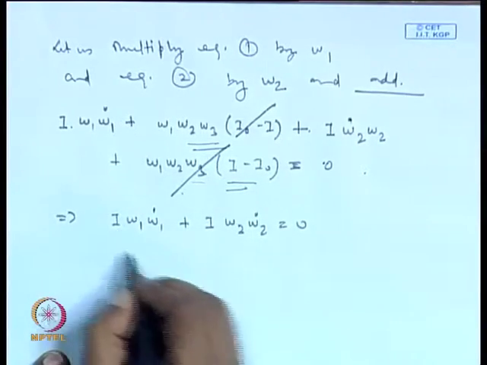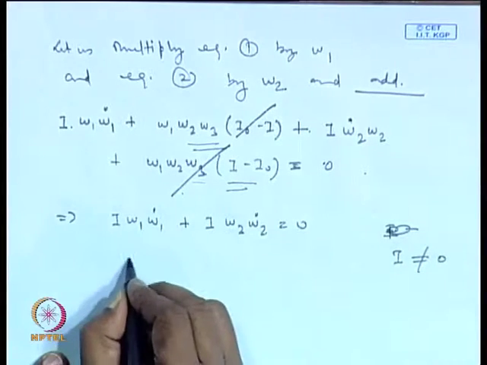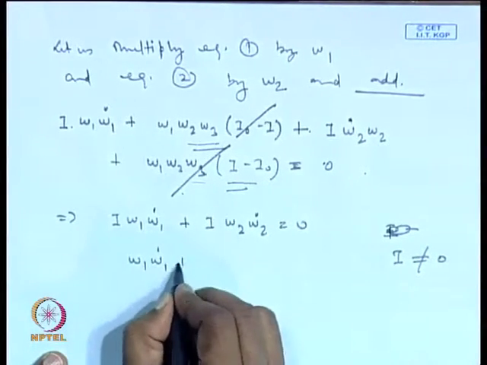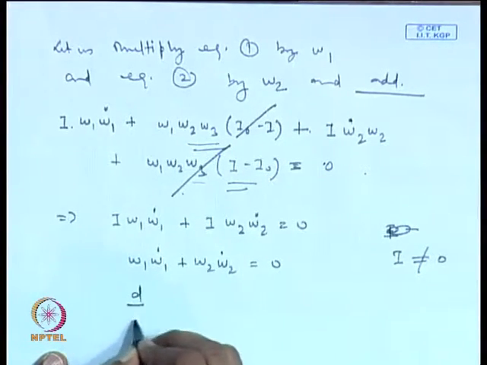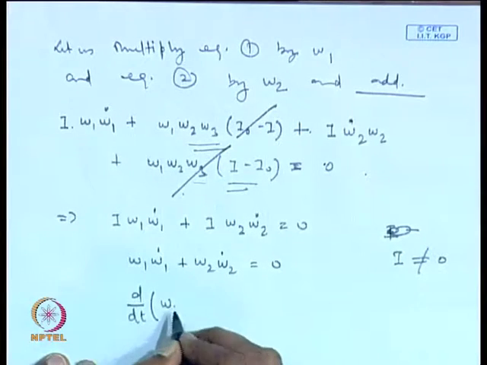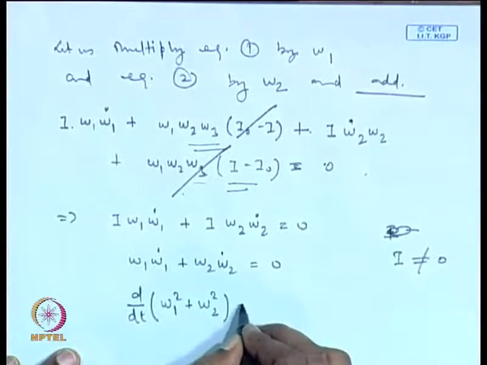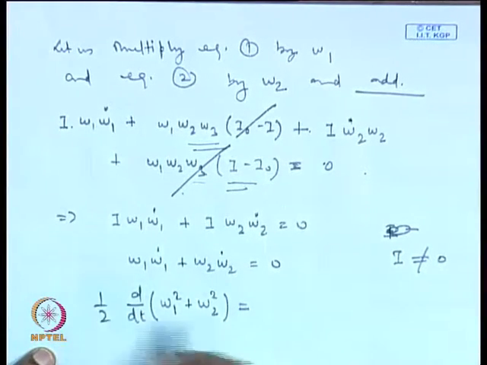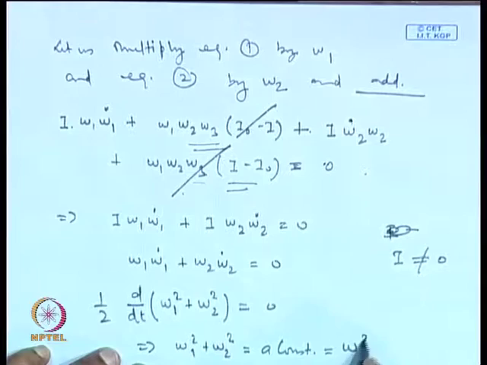I we can take outside because the quantity I is not equal to 0, therefore, we can write omega 1 times omega 1 dot plus omega 2 times omega 2 dot equal to 0, and this simply you can recognize that we can write this as the derivative of half of omega 1 square plus omega 2 square equal to 0, and this implies omega 1 square plus omega 2 square, this is a constant, and this we can indicate as omega t square.